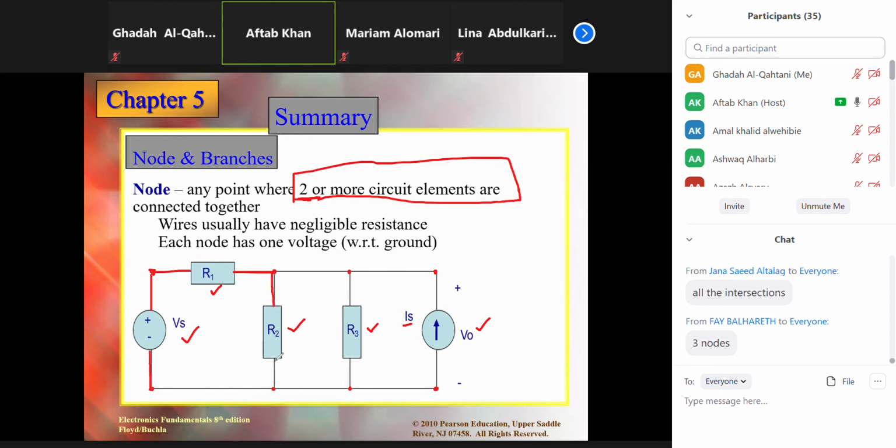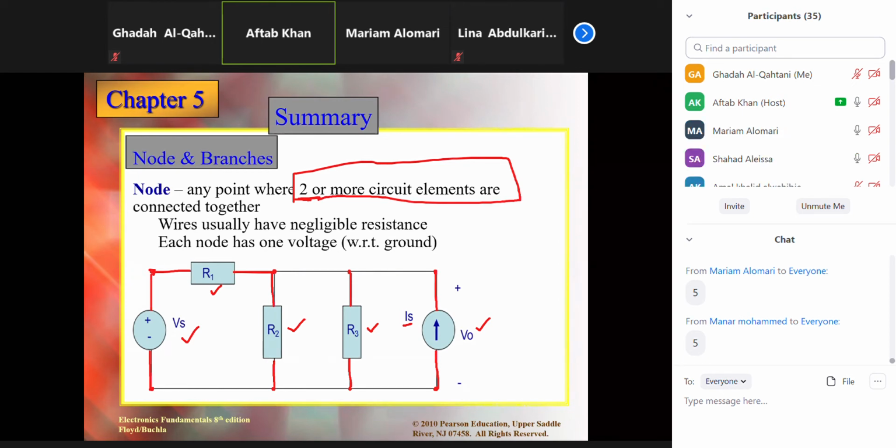It is called a branch. Yani circuit elements are equal to the branches. How many branches now? 5. Yani the number of circuit elements is equal to the number of branches. Is it clear?